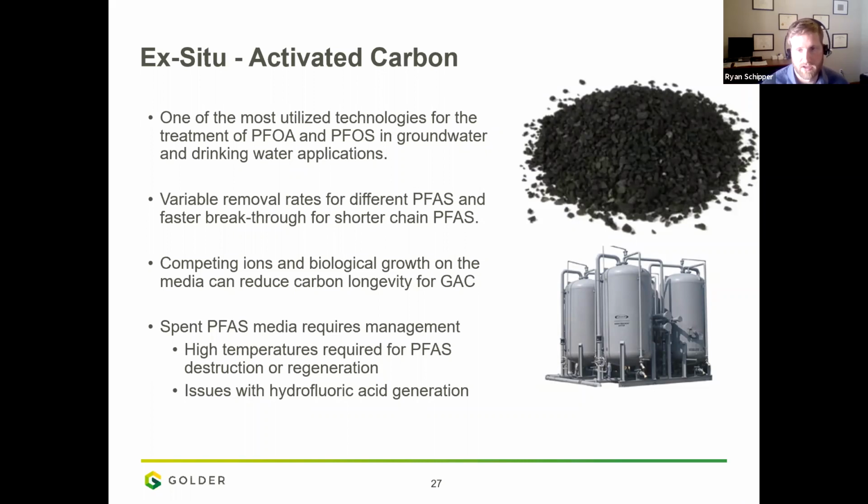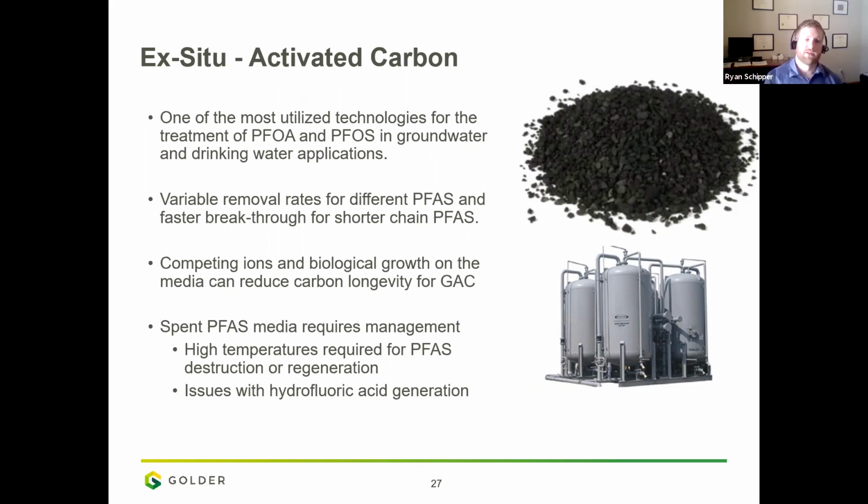Generally, you're looking at cleaner waters for the use of activated carbon. It has pretty variable removal rates for different PFAS, and there is generally faster breakthrough for those shorter chain PFAS compounds. There can be significant competing ions that will affect the efficiency of activated carbon, and biological growth can also reduce the carbon longevity.